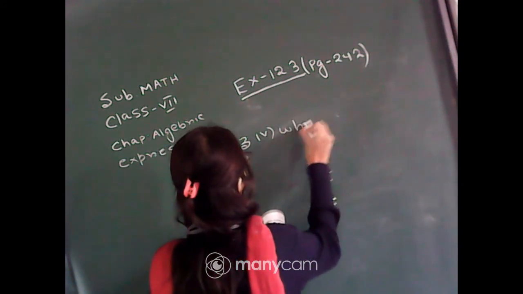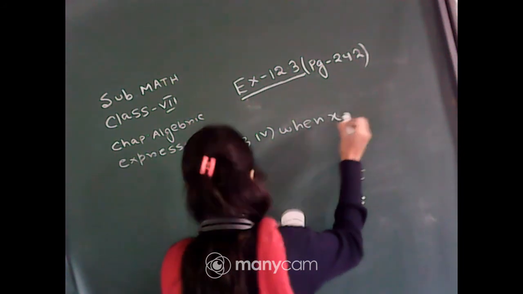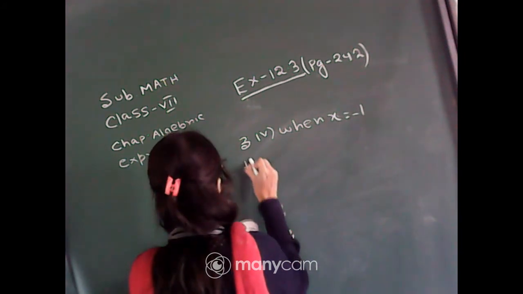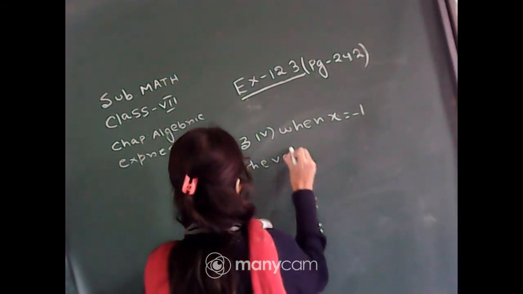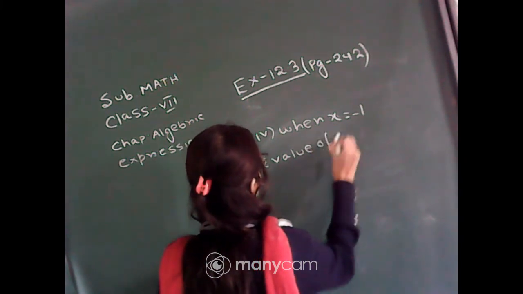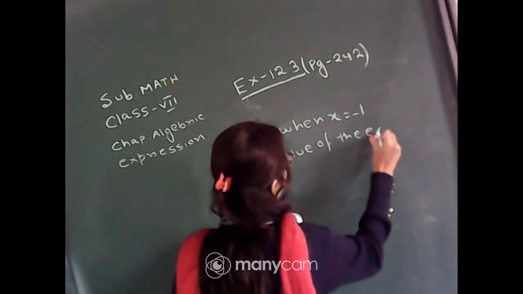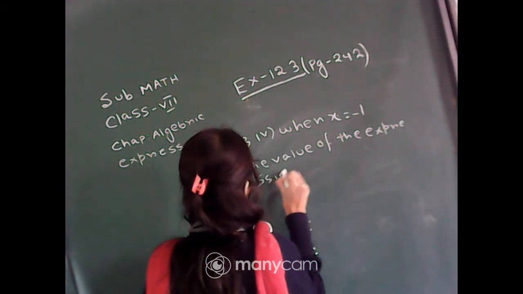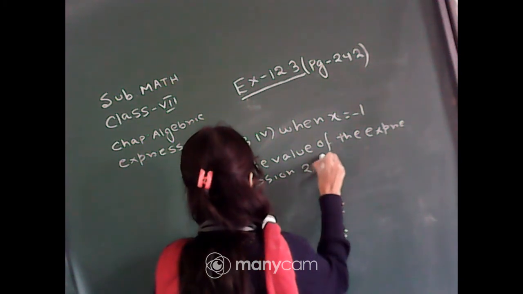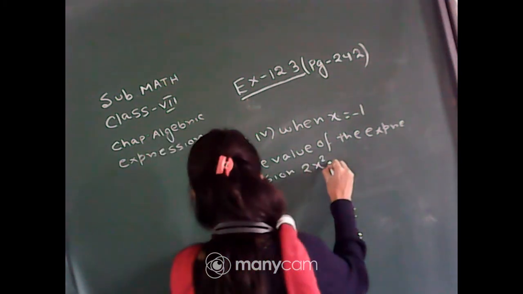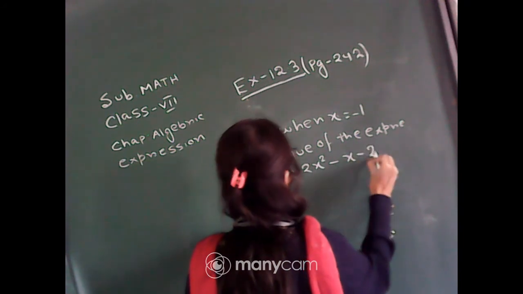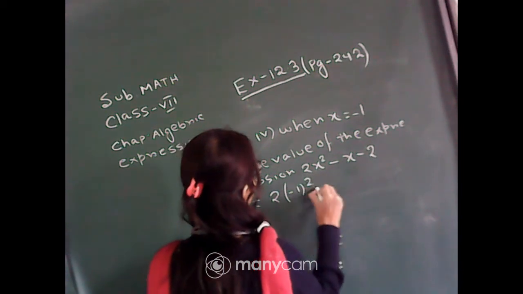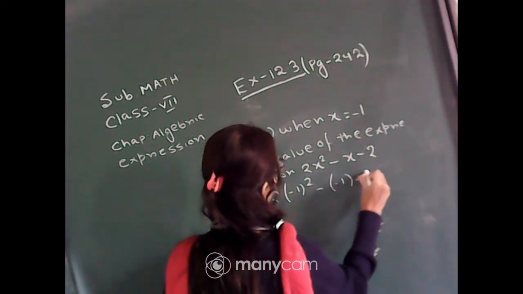When x is equal to minus 1, the value of the expression 2x square minus x minus 2 is equal to 2 into minus 1 square minus minus 1 minus 2.